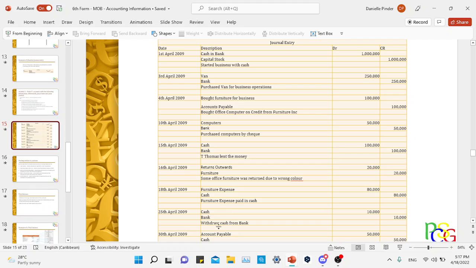We have increased that by $10,000, so we would debit the cash, since we're increasing our asset. And since we are withdrawing money from the bank, we would be decreasing our capital, so we would credit the bank.